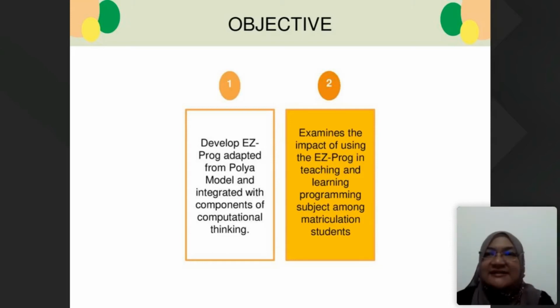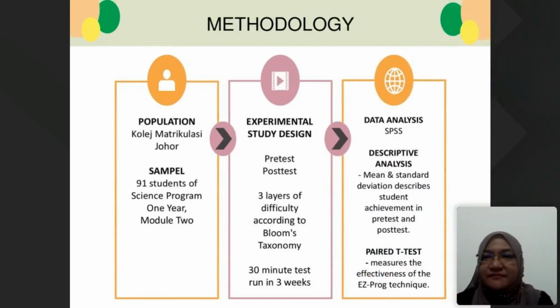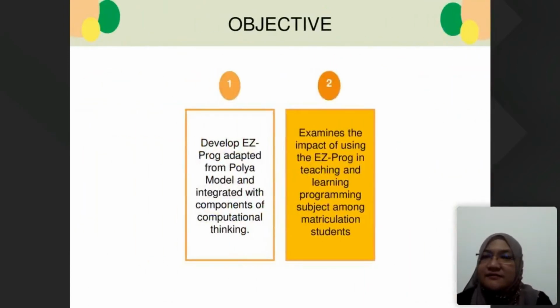Okay, next slide. The method for this research: the sample is 91 students of the science program, year 1 module 2, from Matriculation College Johor.